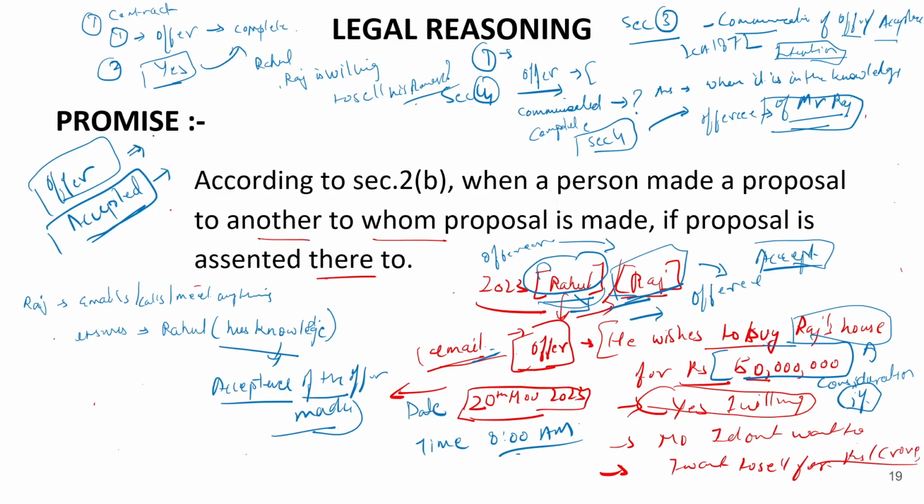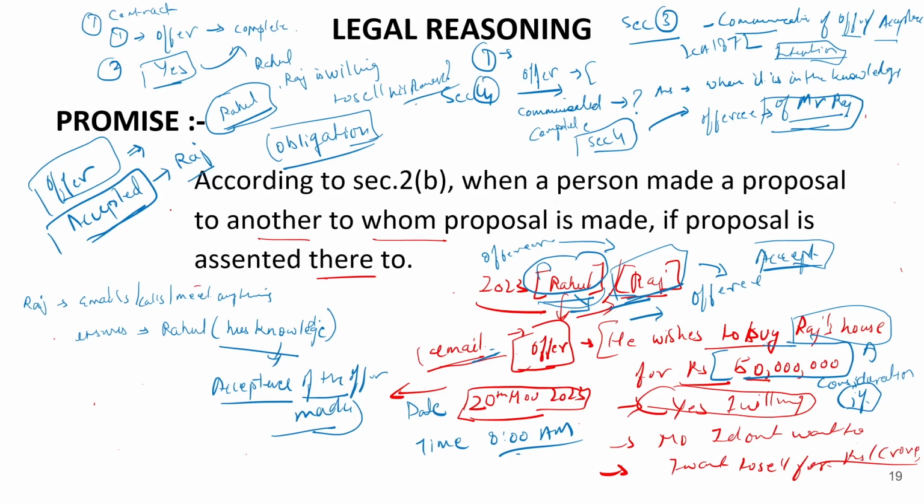Once the offer has been accepted, Raj and Rahul will have obligations. Now take an example that Rahul communicates to Raj that I want to purchase your house for 50 lakhs.